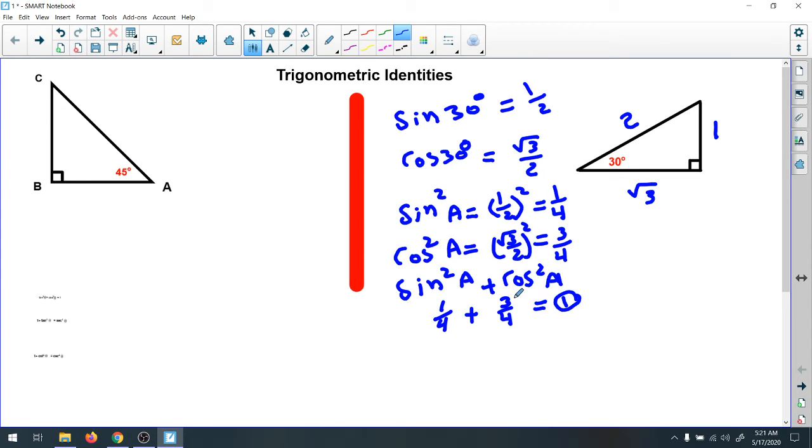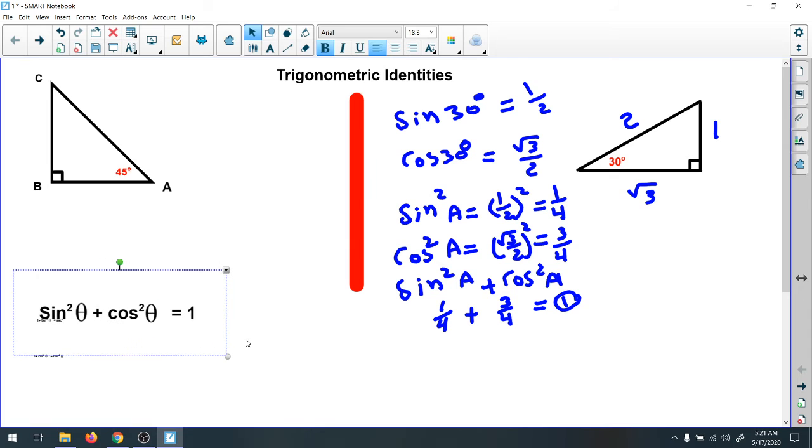So the first identity I want you to discover is sine squared plus cosine squared equals 1. We call this the Bible of trigonometry. Here you go. This is the first identity.